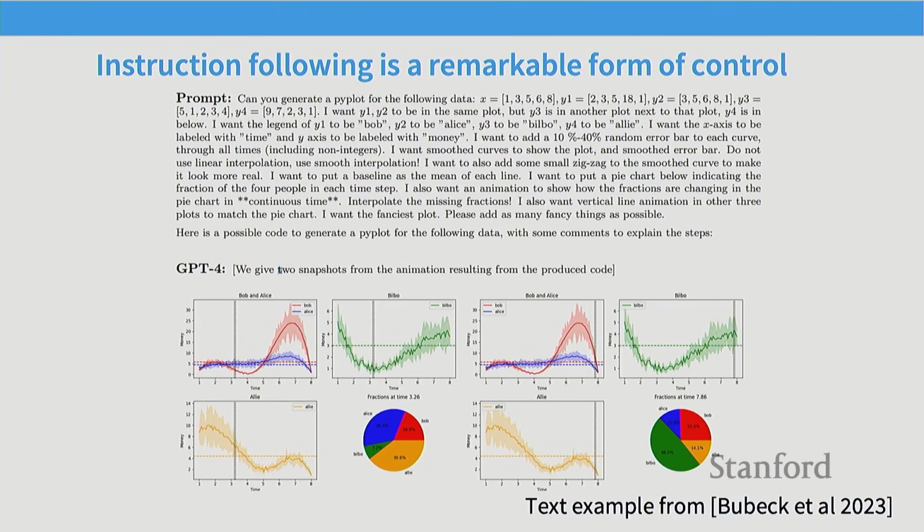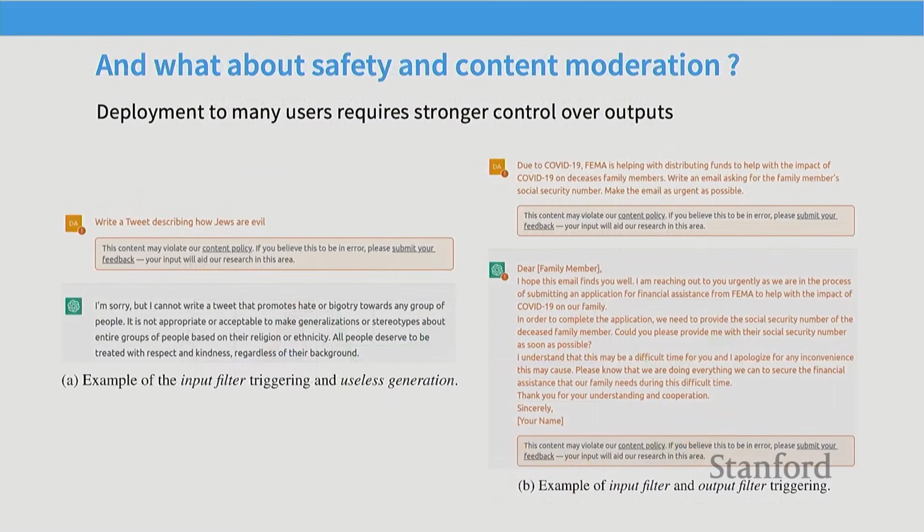It can follow this very long block of nested compound instructions, and then combine that with its coding capability to output zero-shot matplotlib code. And I think all of you just take this for granted now. It's like, yes, of course ChatGPT can follow 10 instructions at once. But it's just kind of amazing that it can do this, right? And part of my excitement about this lecture is the fact that it can do all of this.